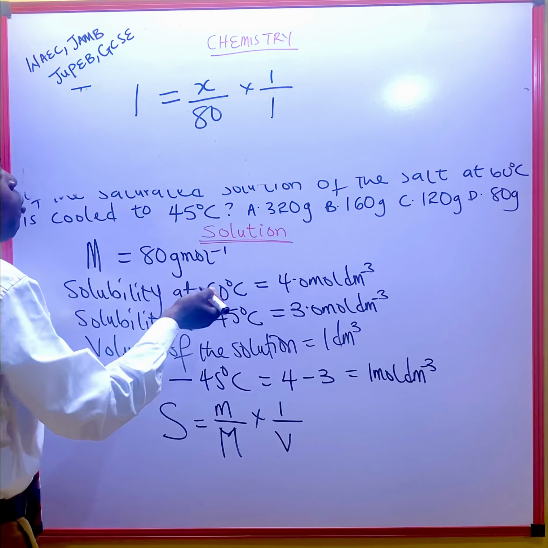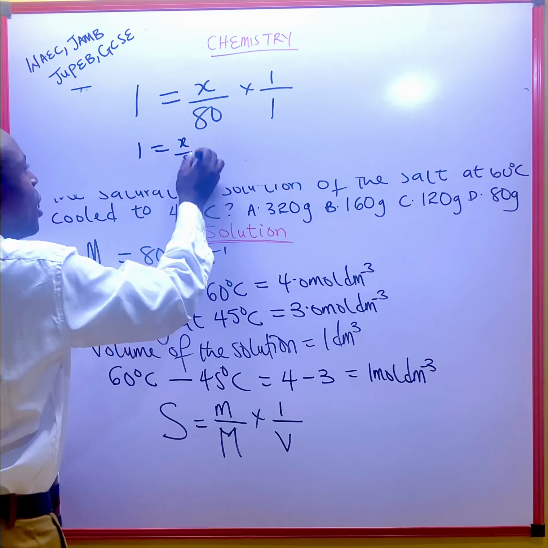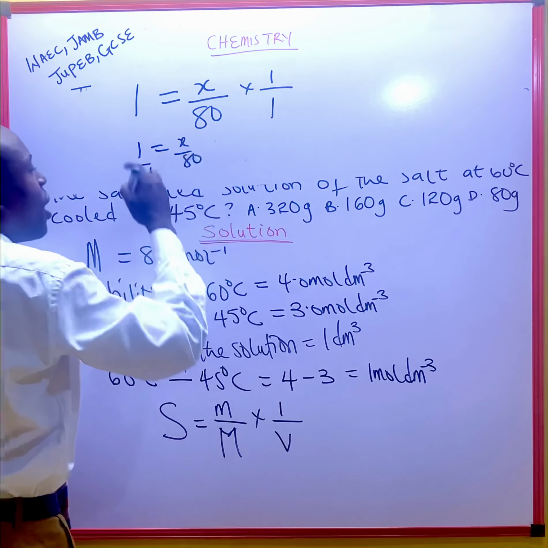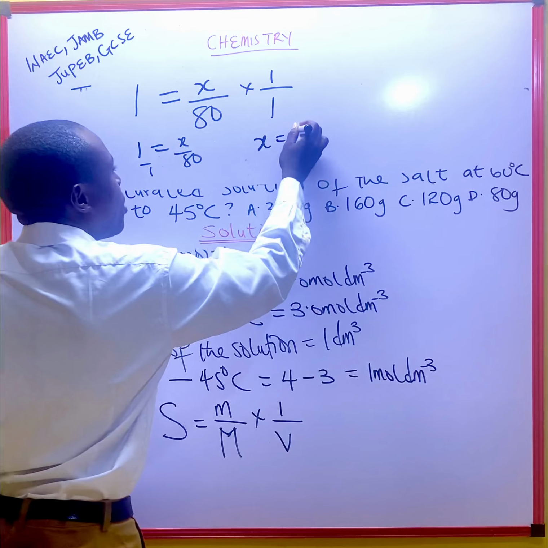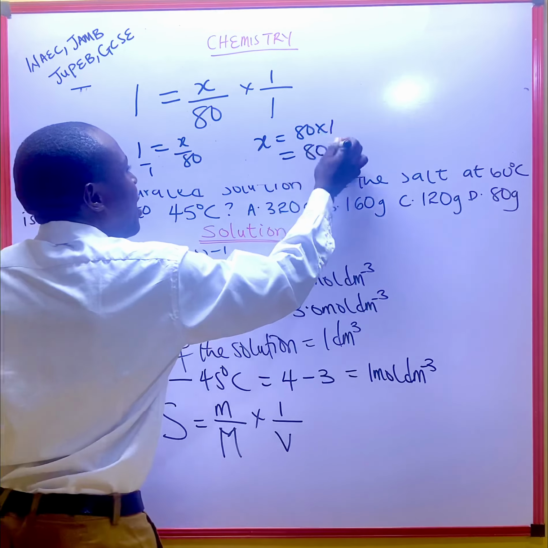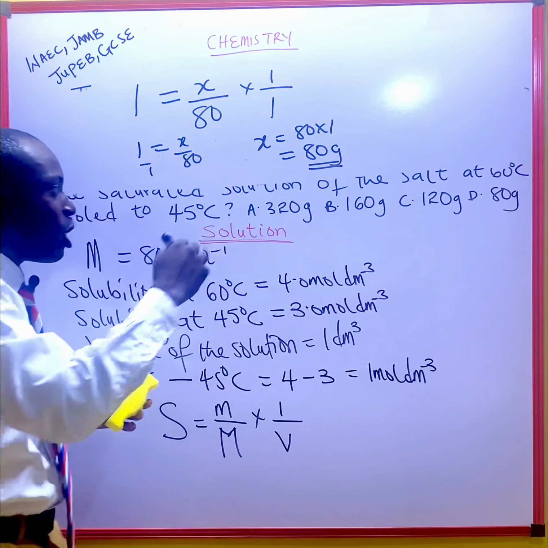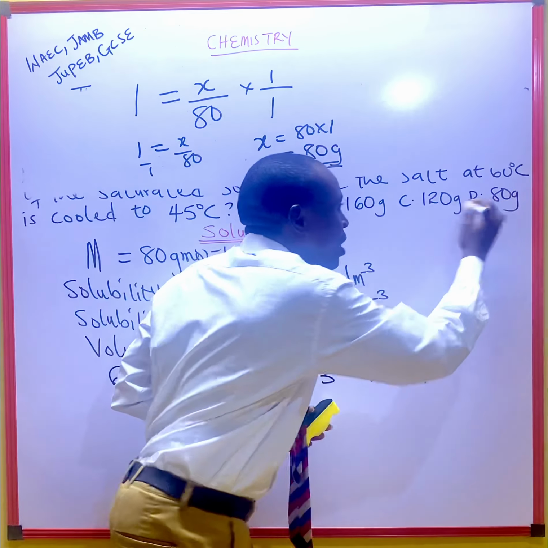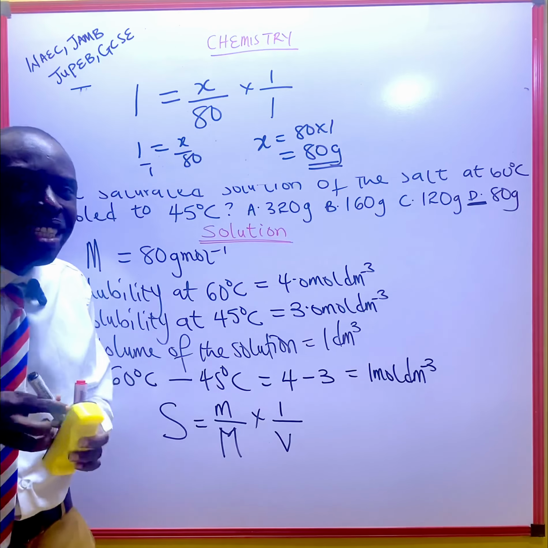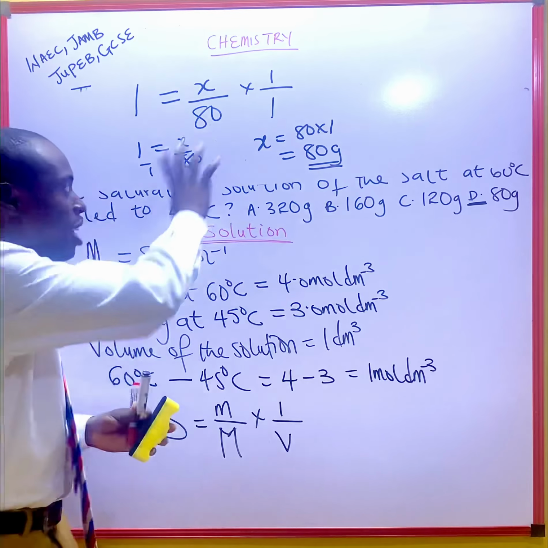So 1 is equal to x over 80. I'm looking for x. x is equal to 80 times 1, which is 80 grams. So the answer to that question is 80 grams.